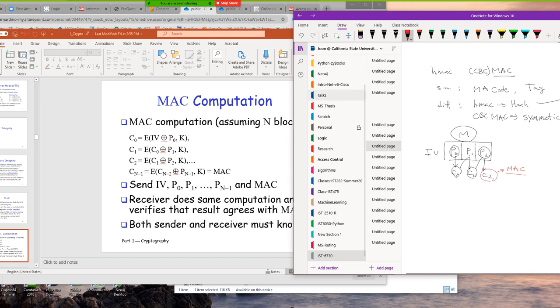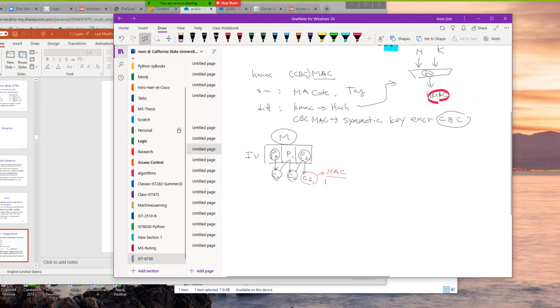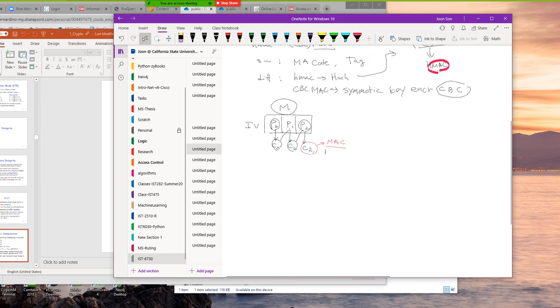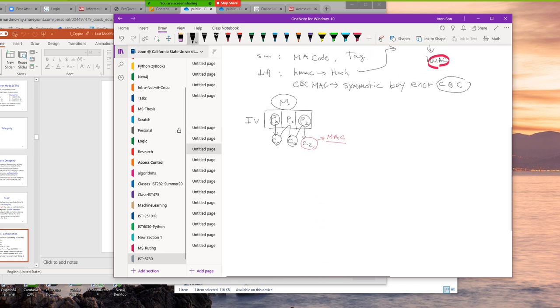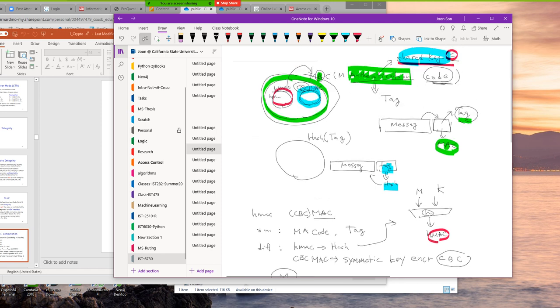So for both HMAC and CBC MAC, the idea is the same. When Alice sends the message M to Bob, she also needs to send a tag, and in our case, it's the MAC value.